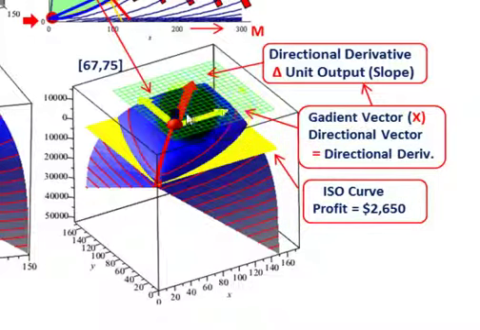I didn't put one in up here because the ISO curve would be covering up all our directional derivatives, and our function would be topping out right there, because that's where we're sitting based on that production function. Okay, so now we're going to calculate our gradient vector and our unit vector, or directional vector, and then we're going to come up with our directional derivative.